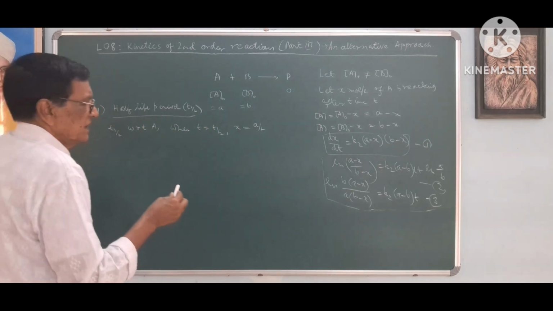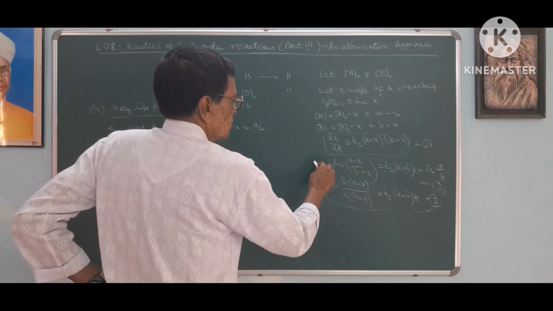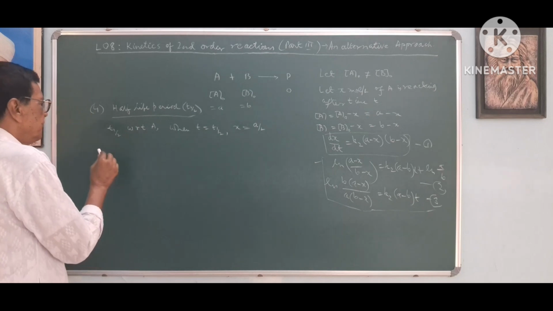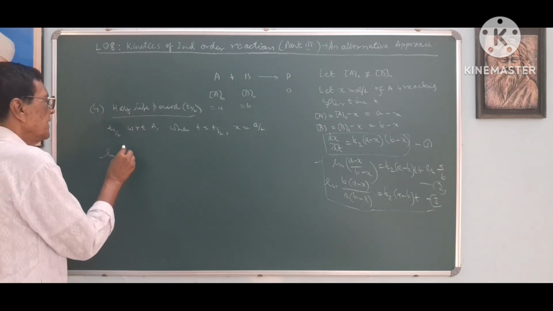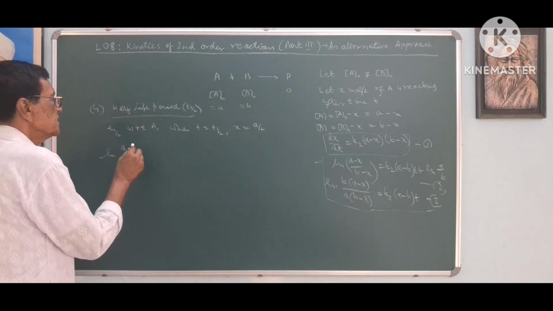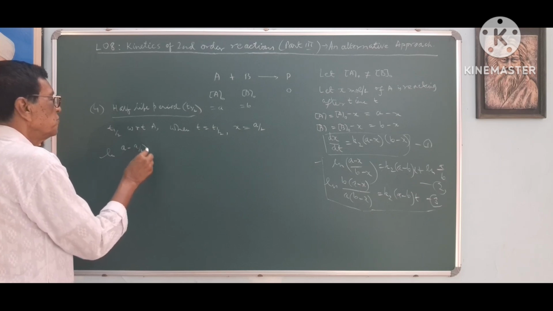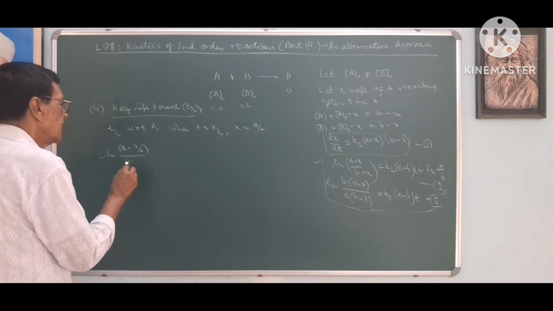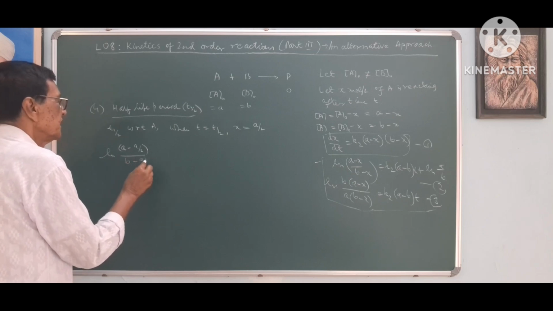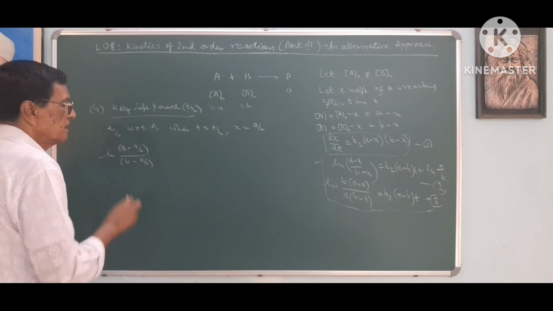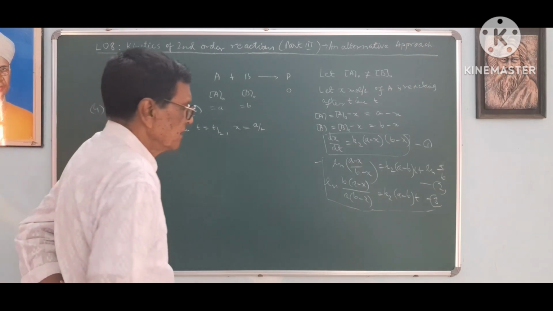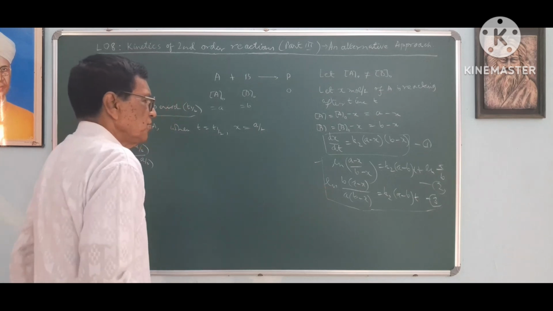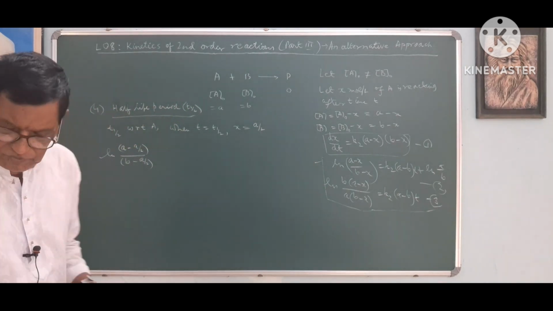So putting in equation 2, we have ln A minus, instead of X it will be A by 2, divided by B minus A by 2. Or better, we can use equation number 3. That will be good.